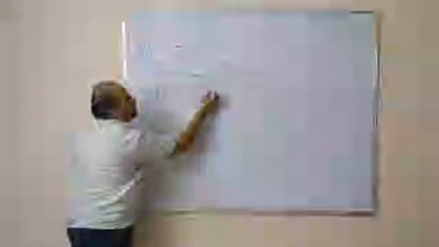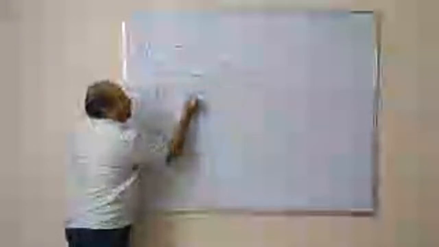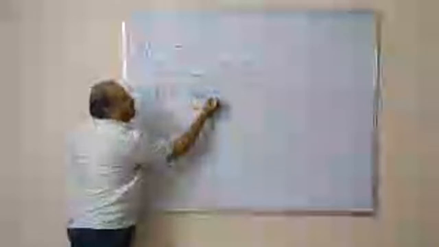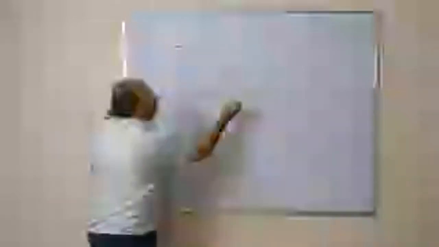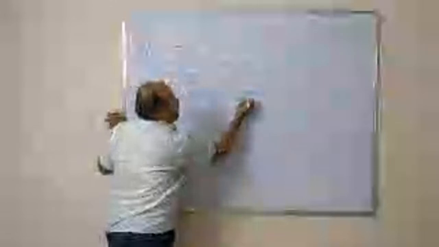So each and every term: sin alpha into sin beta into cos gamma by sin alpha into sin beta into sin gamma, plus cos alpha sin beta sin gamma by sin alpha into sin beta into sin gamma, is equal to 2 sin alpha cos beta sin gamma by sin alpha into sin beta into sin gamma.